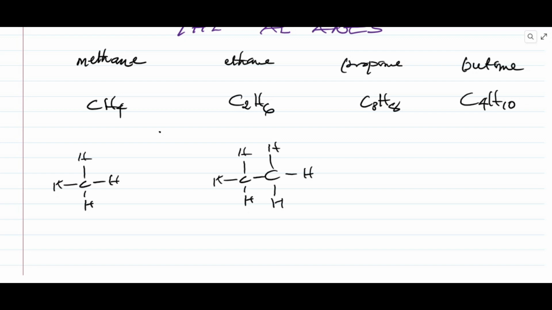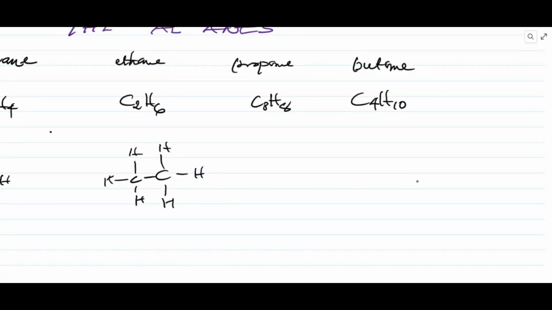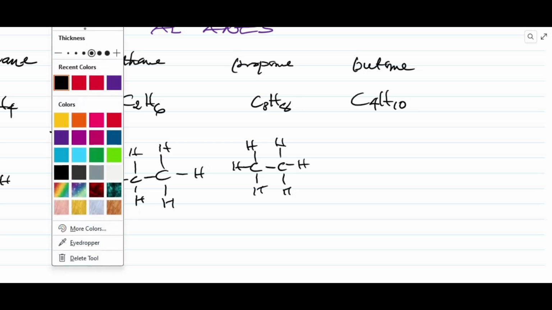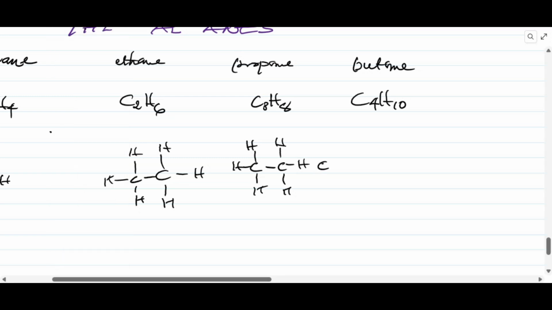So, for this, let's do the same thing. Let's increase this chain by another CH2. CH, 1, 2, 3, hydrogen, hydrogen, hydrogen, C, hydrogen, hydrogen, hydrogen. So I want to make this one become propane by adding another CH2 to it. So if I add another CH2 to it, it's going to be CH2, right?